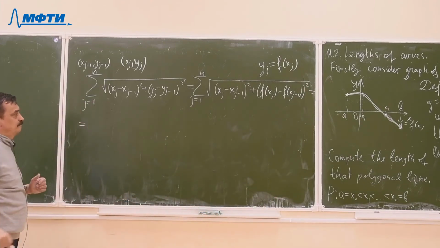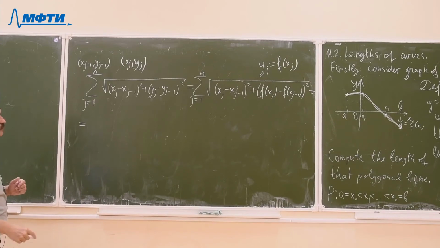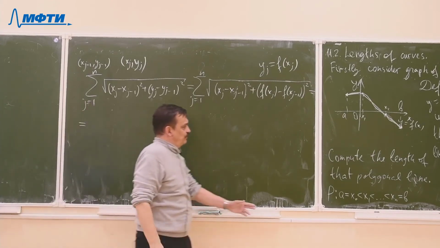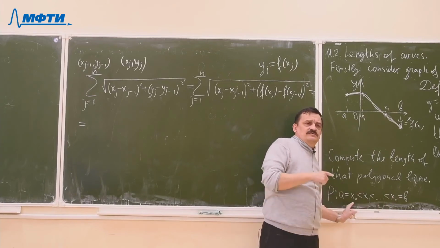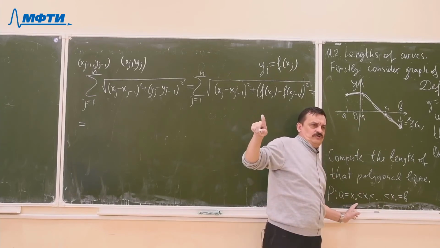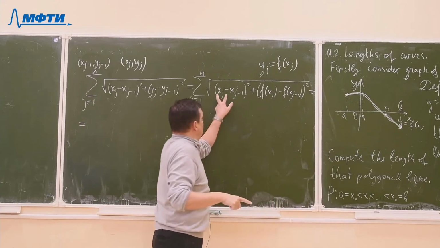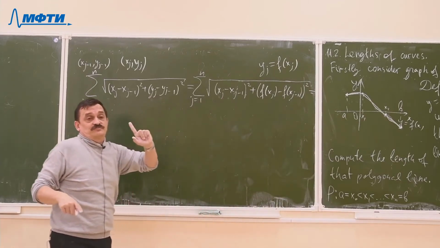Then, let me do the following. I arranged the xj's in increasing order, right? So it means all those differences are positive.